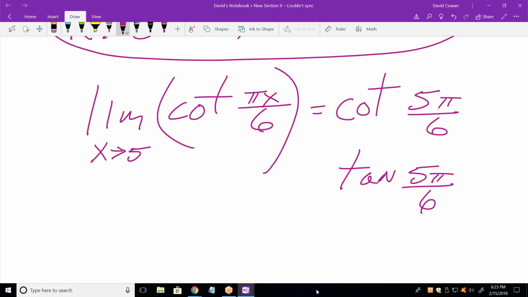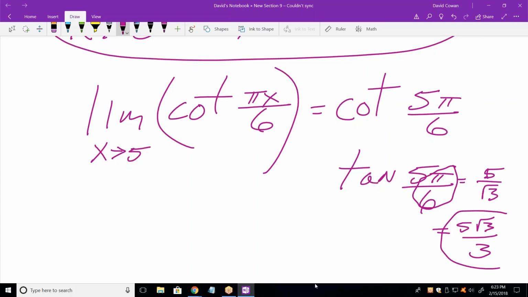All right, so tangent of pi over 6, which is 30 degrees, is 1 over root 3. So this would be 5 over root 3. So that's going to be 5 root 3 over 3.